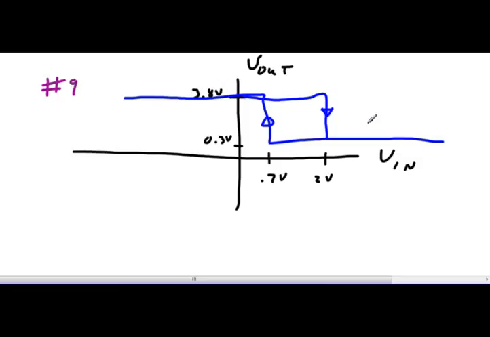And because it's an inverter, when I'm low, I have to be high, and when I'm high, I'm going to have to be low. Okay, so the first line you drew represented, was it 0.3 volts? It's at 0.3 volts out, and when I get to 0.7, I go back. And when I go the other way, I have to get all the way up to 2 before I can drop down.